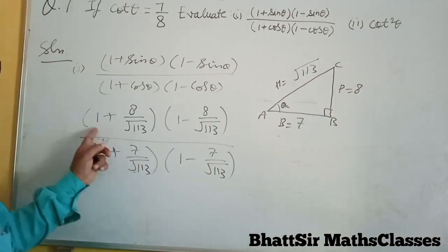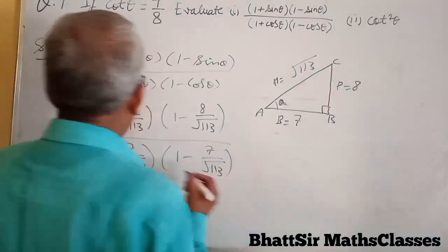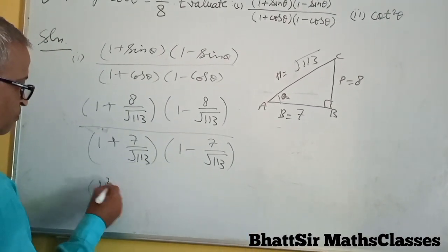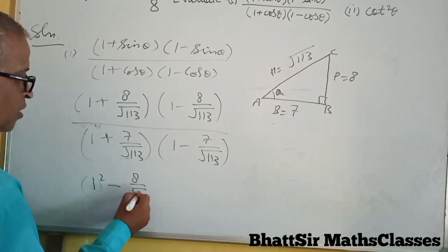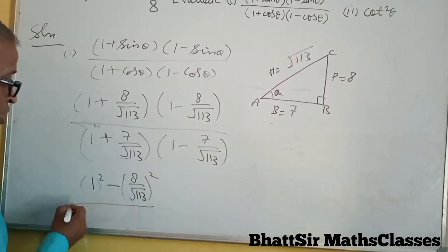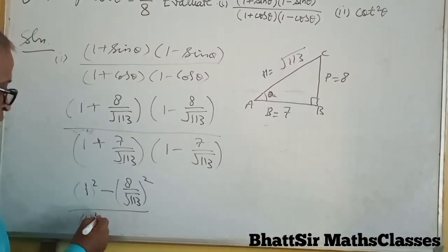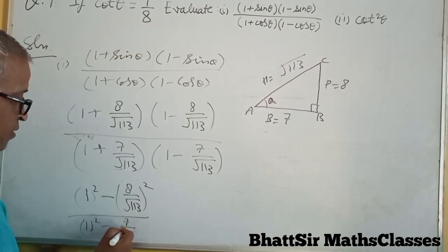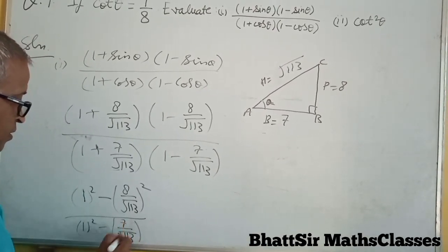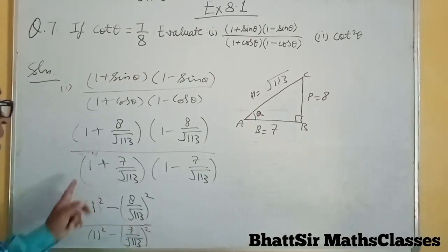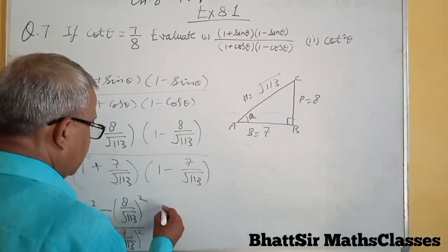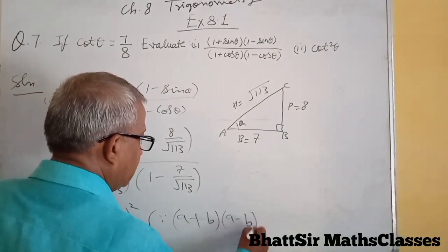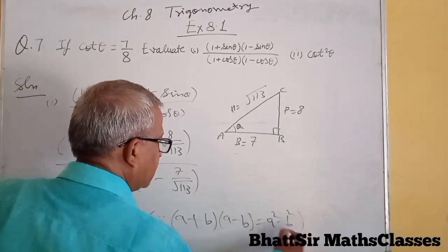Now as you know, a plus b times a minus b equals a square minus b square.